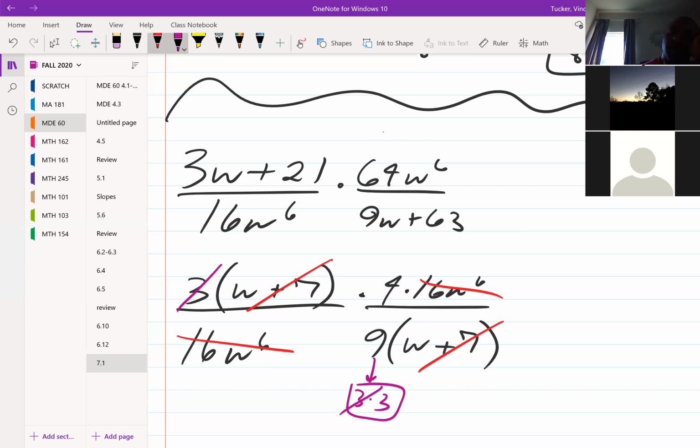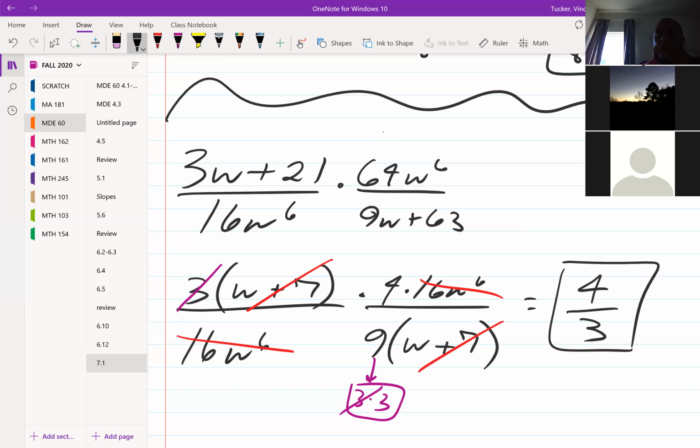So what we have left would be 4 up top, and then that 3 down bottom. All right, questions?